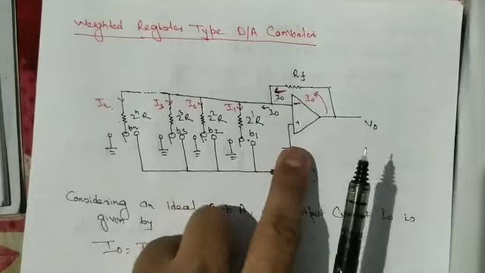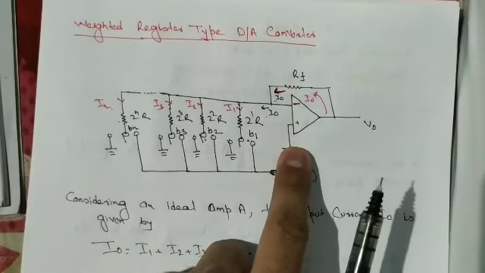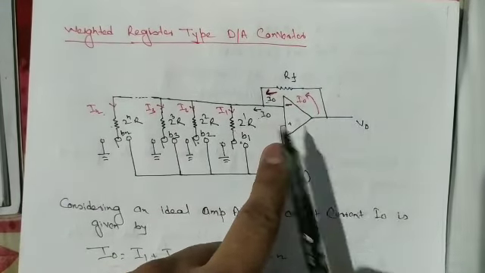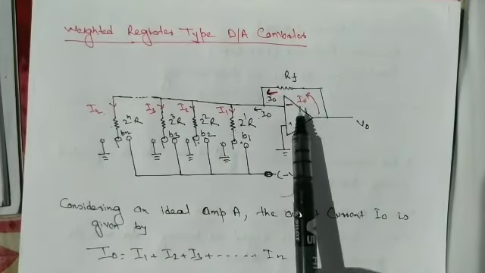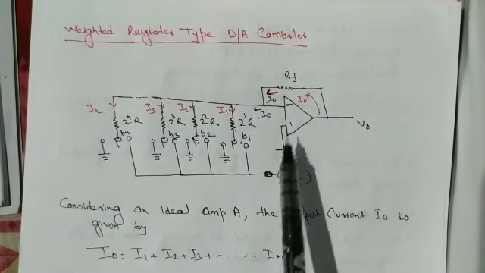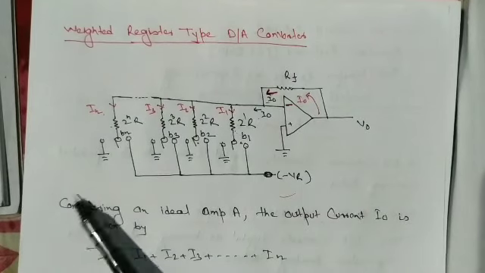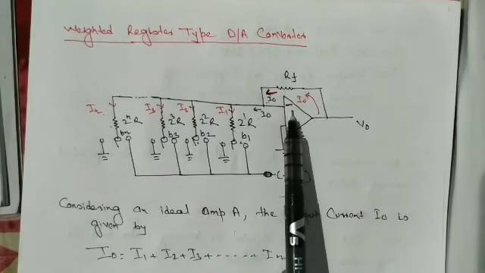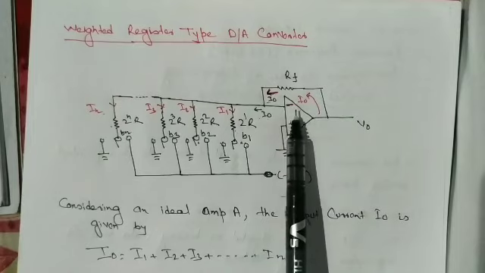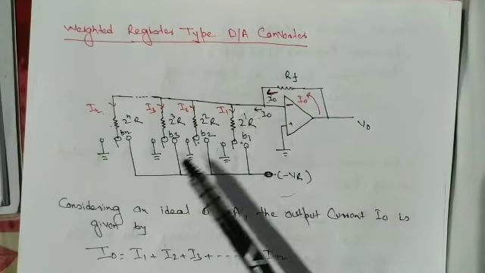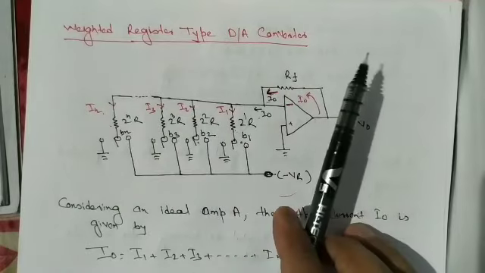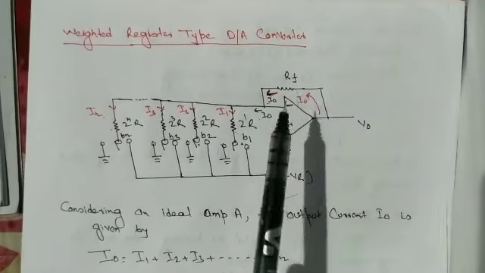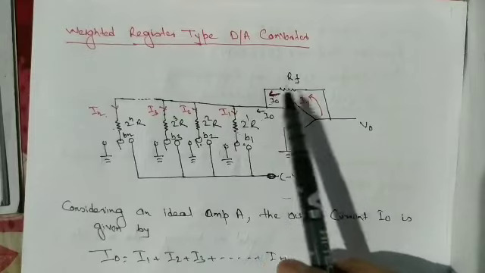Here we are using an op-amp, operational amplifier, and this op-amp is working in inverting mode, because the non-inverting terminal is directly connected to the ground and all the inputs are connected to the negative terminal, the inverting terminal. RF is the feedback resistor.